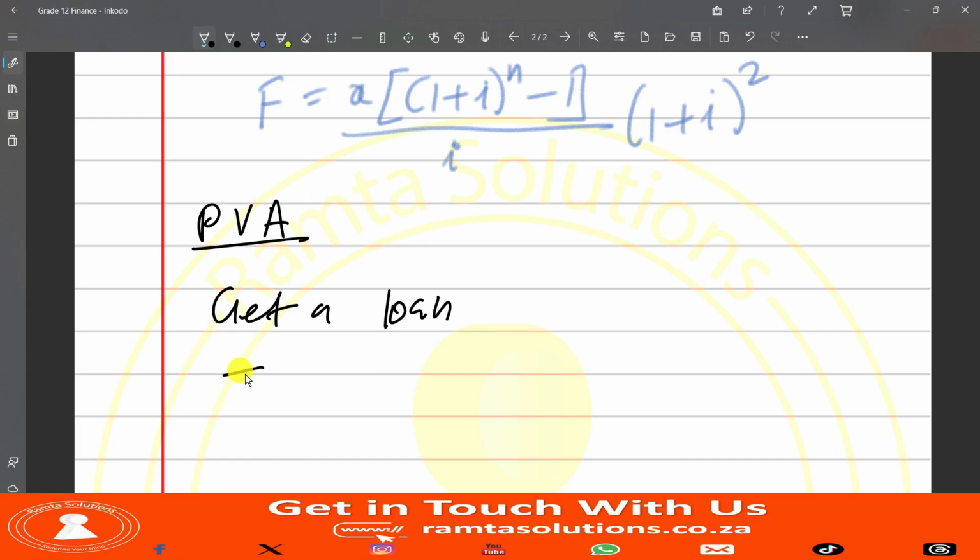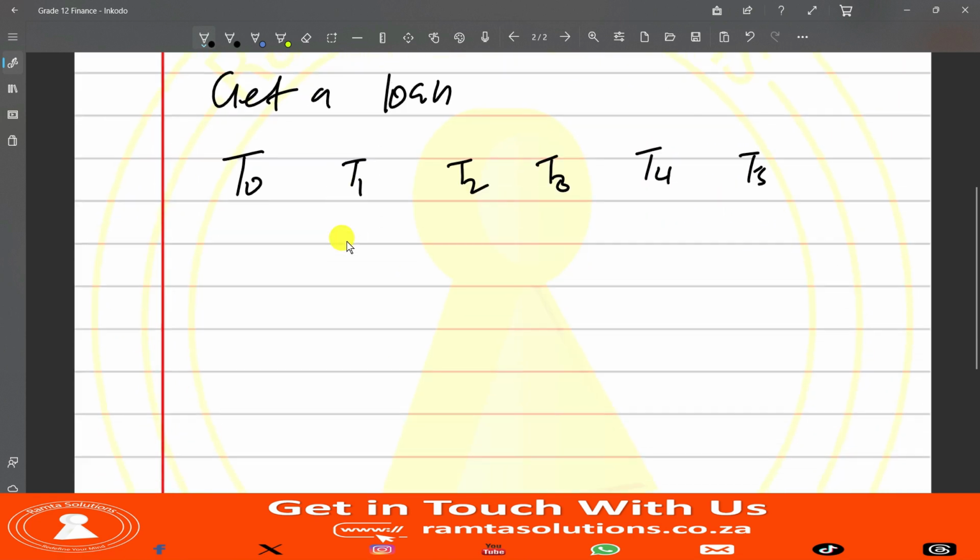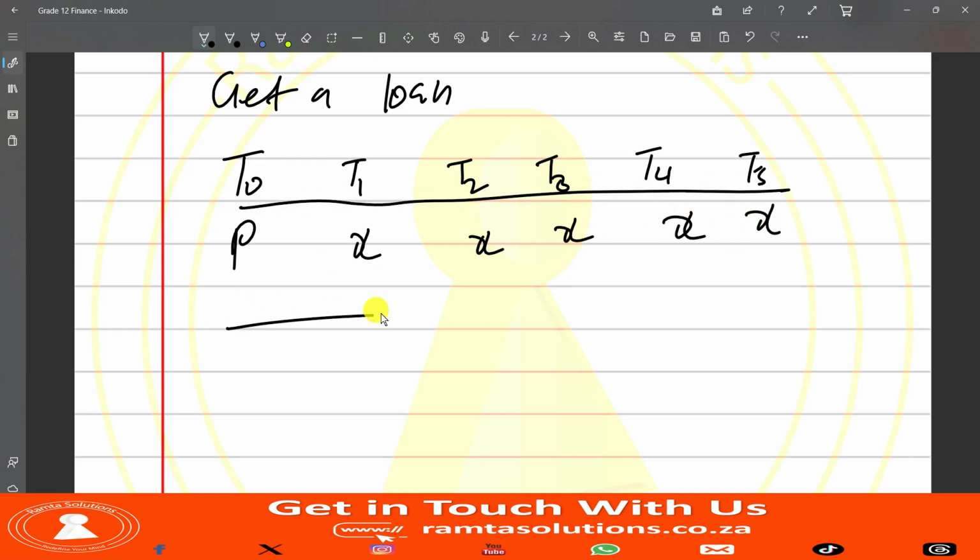So its timeline will be like this: T0, T1, T2, T3, T4, T5. Where you get a loan will be the loan amount, and you need to start paying, let's say, X, X, X, X, X. So here you will be using your normal loan situation.